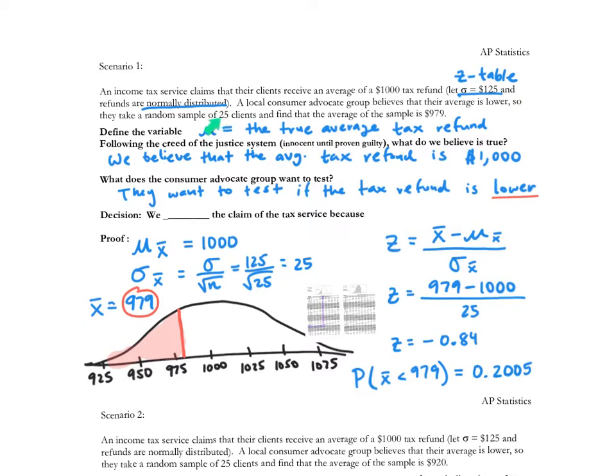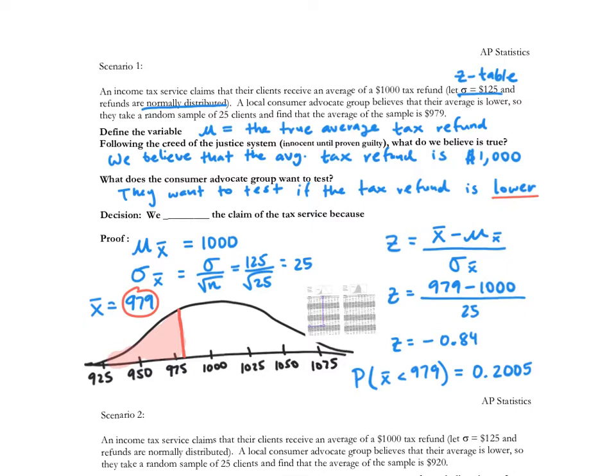When they sampled these 25 clients and they got an average tax return of 979, was this significantly small, or was it common? Was the chance of this happening very small or very large? Was it uncommon or very common? Okay, and so based on what we got for the probability, we got 20%.